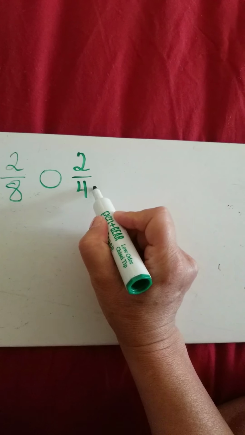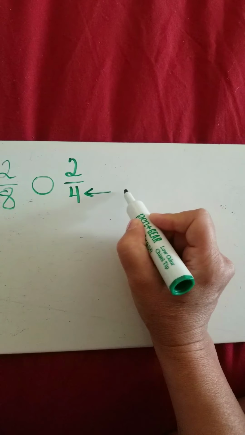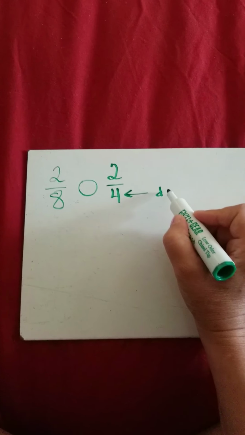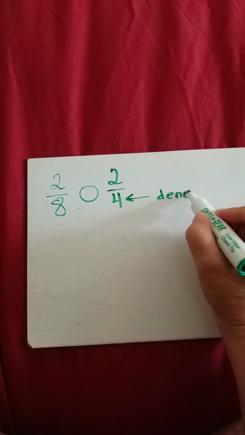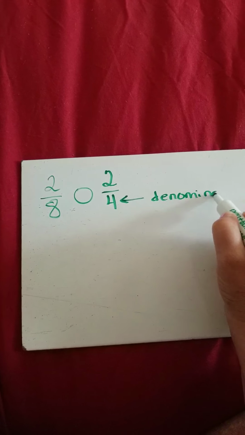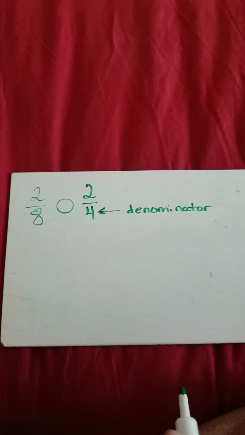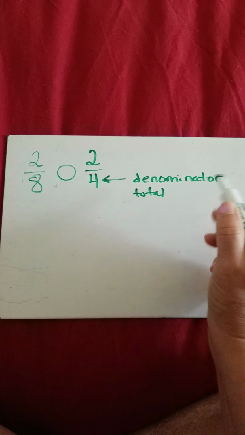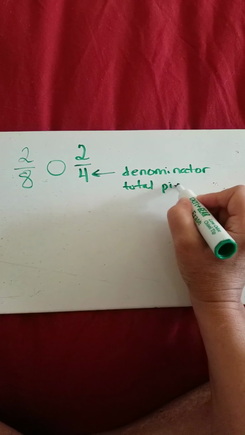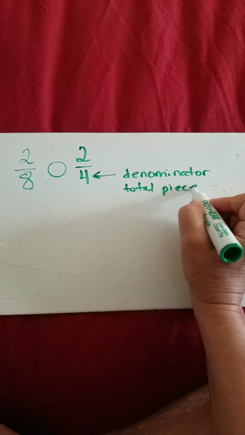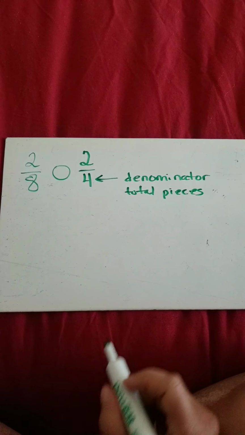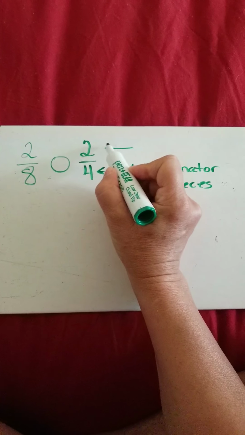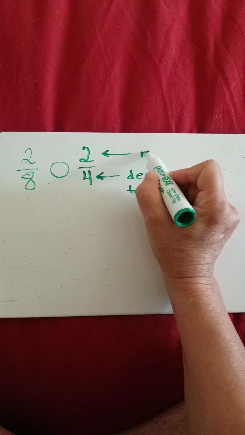Remember, when we talk about denominators, it's always the bottom number. Some of you have forgotten that. The denominator tells you how many total pieces we have. Hopefully I spelled that right. The top number is always called the numerator.